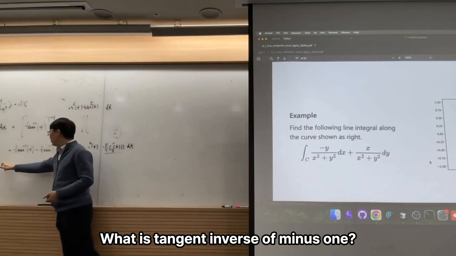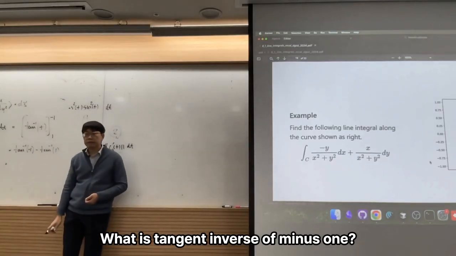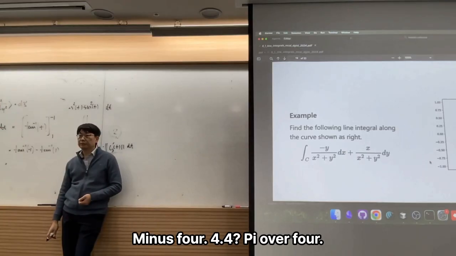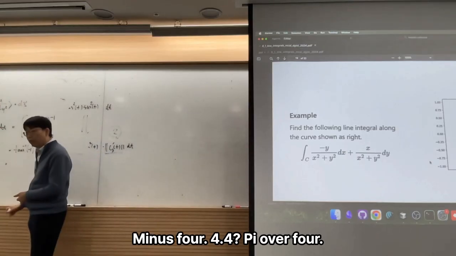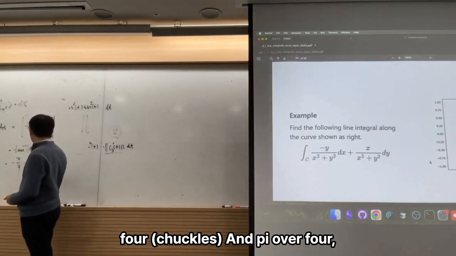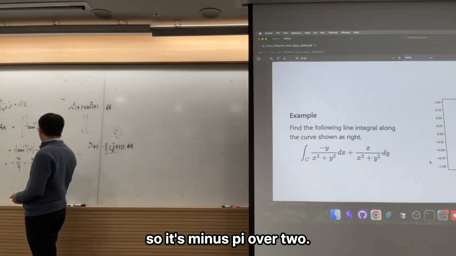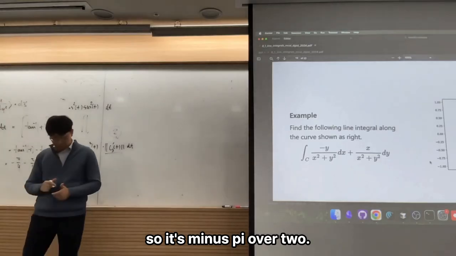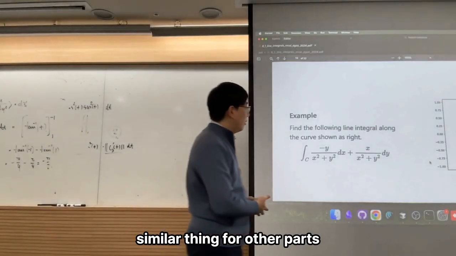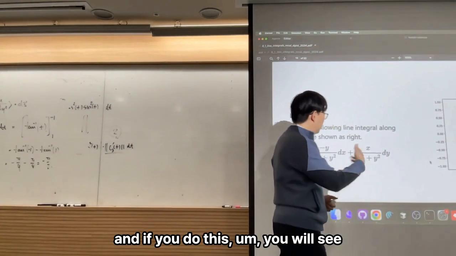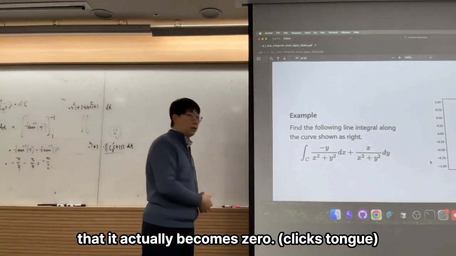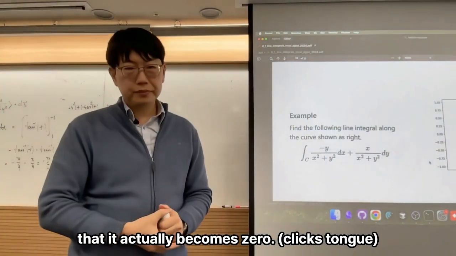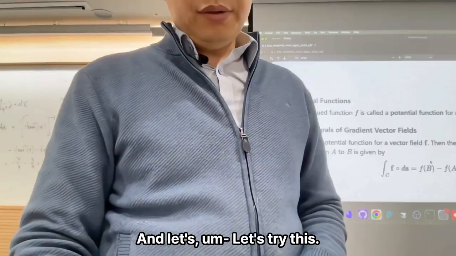So what is tangent inverse of minus 1? Minus pi over 4. And pi over 4. So it's minus pi over 2. You can do a similar thing for the other parts, and if you do this, you will see that it actually becomes 0.